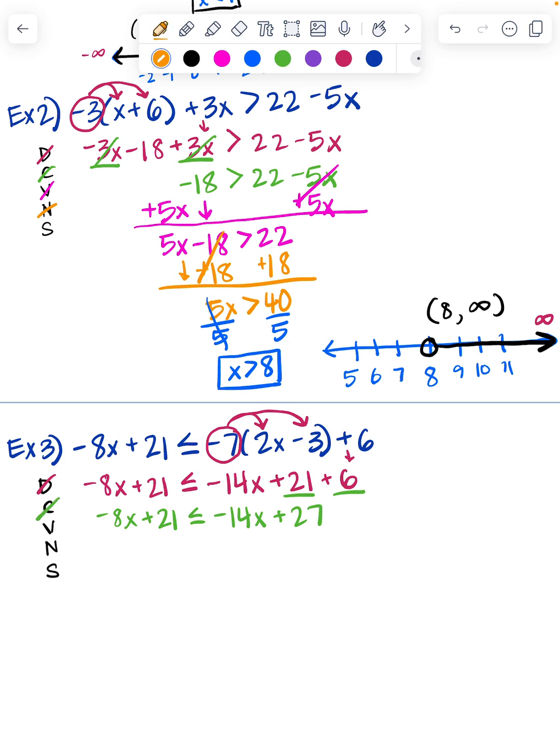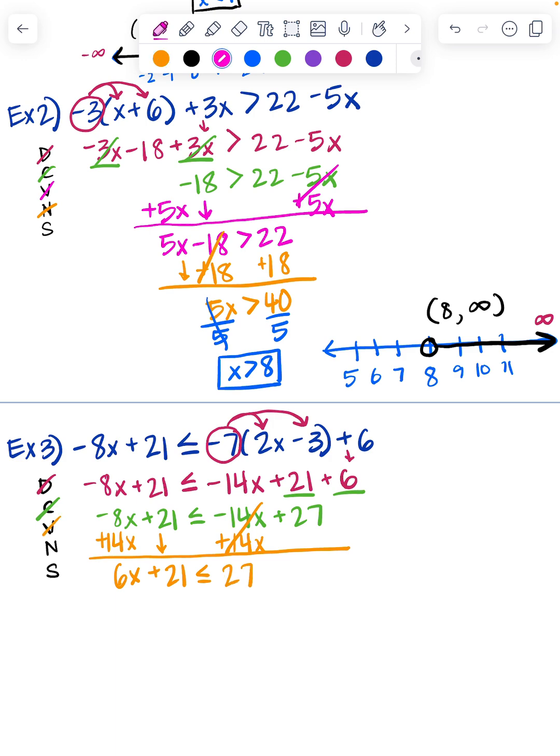Now I move the variable to where it's only on the left side. Inverse operations, add 14x. 6x plus 21 is less than or equal to 27.